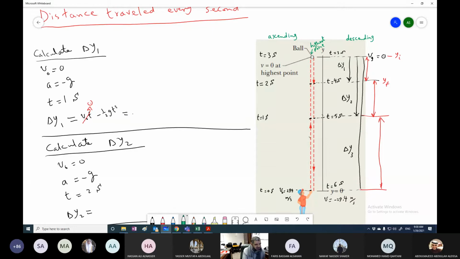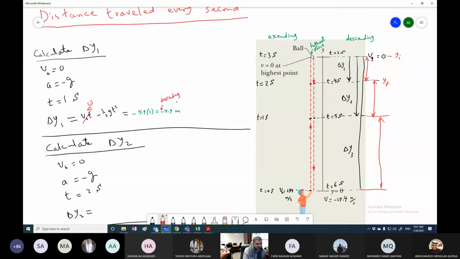Delta y1 equals minus half of 9.8, which is 4.9, multiplied by 1 square, which is how much? Minus 4.9 meter. This minus sign, what does it mean that delta y is negative? Downwards basically. It means the object is descending.